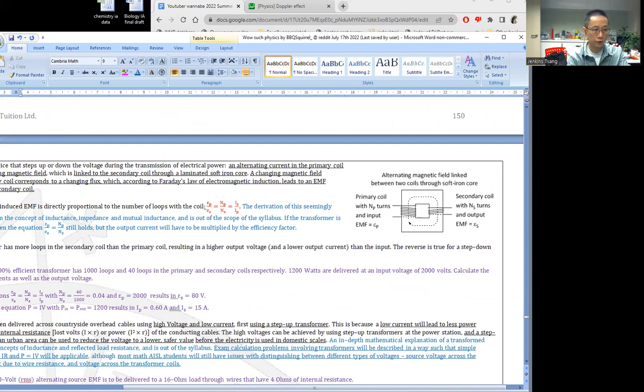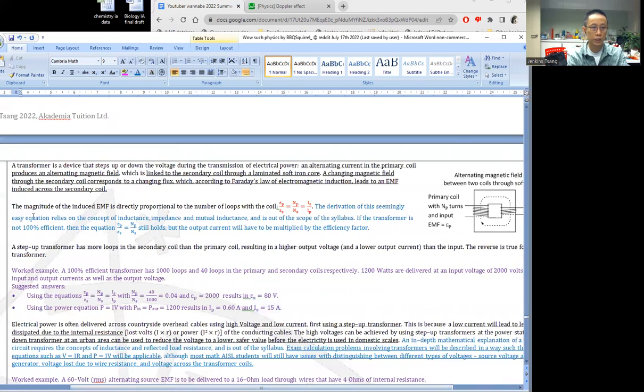Therefore, first of all, the connection between the coils has to be magnetic, while the current needs to be alternating. If we use direct current, it will stabilize. And with the current being stable, there's no way that you can generate a changing flux, which is otherwise required to induce an EMF in the secondary coil.